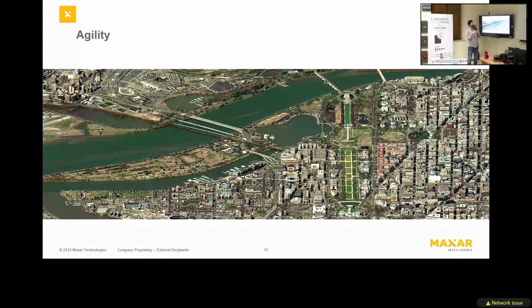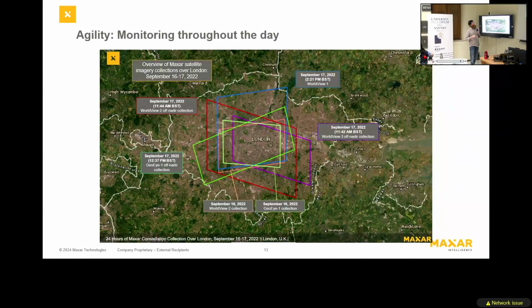The resolution in those kinds of images is much coarser than if you collect at nadir, for obvious reasons. But when you are able to collect with different viewing angles, you might be over Poland, for example, and collect a shot straight to London. So your satellite is flying in this direction, and you can collect something really far away with some viewing angles.